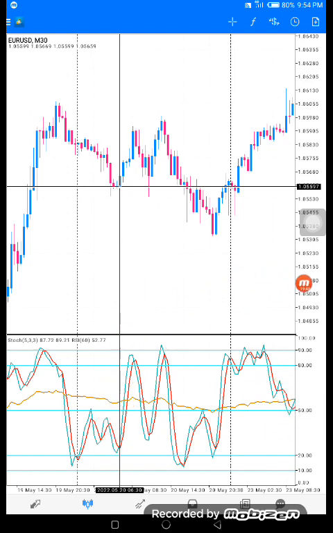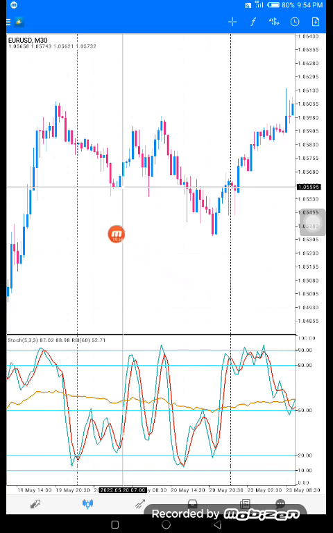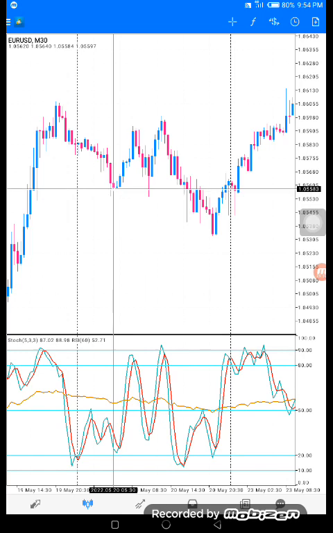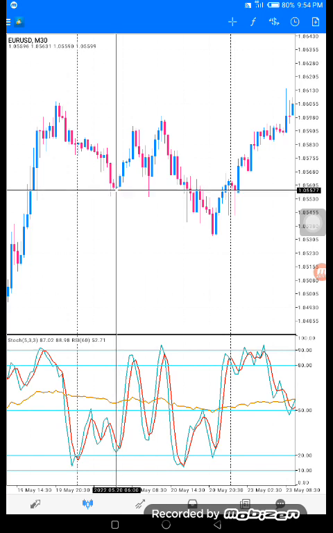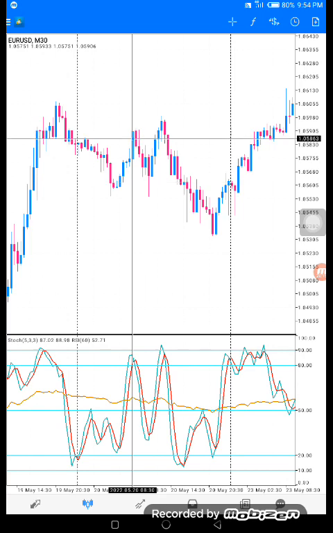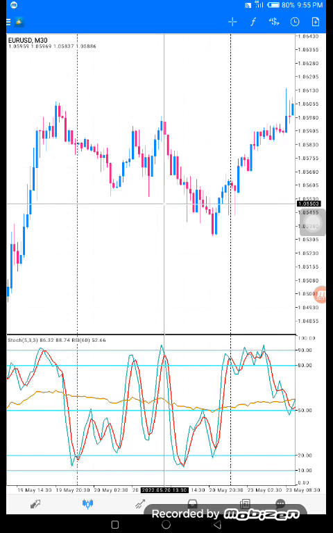So you take a buy in this candle, and your stop loss should be below the previous candle, and this is your entry position. This is your profit, and this is where you take your profit when your stochastic has gotten to between level 80-90, which means overbought. Then it comes down again.